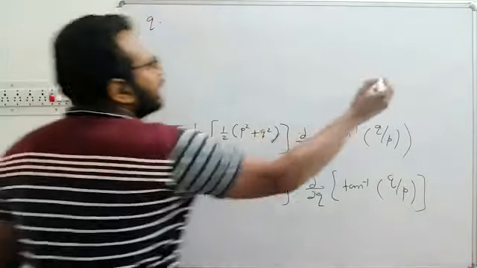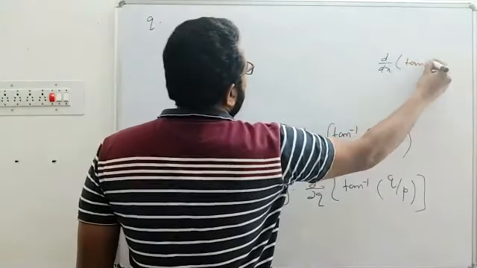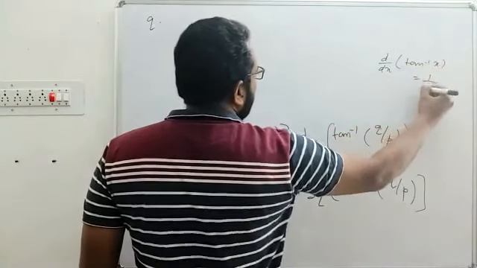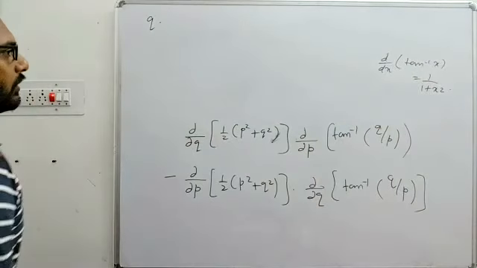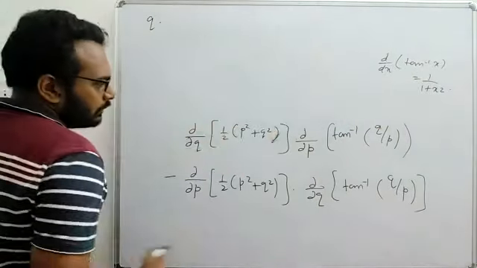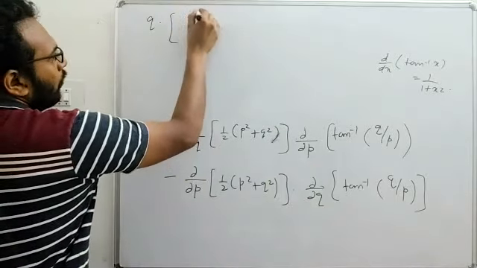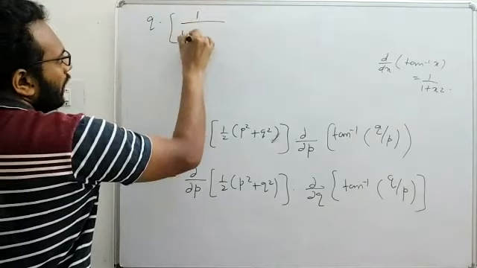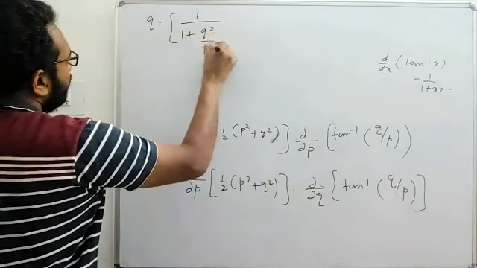Okay, you know that d by dx of tan inverse of x is 1 by 1 plus x square. Okay, so that's the standard formula. So you can remember that. Okay? So q, this becomes multiplied by 1 divided by 1 plus q square by p square.